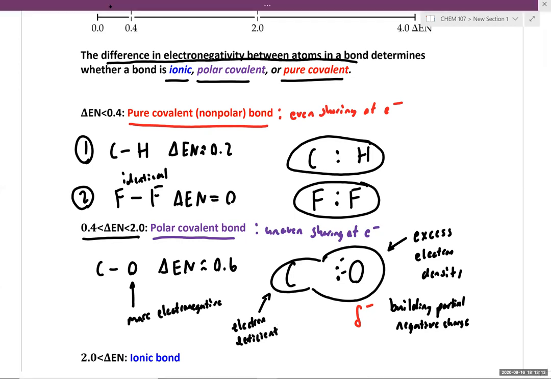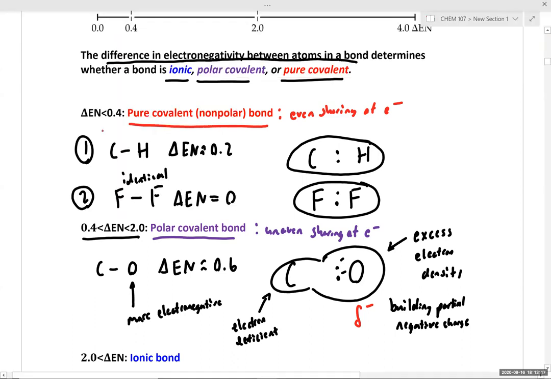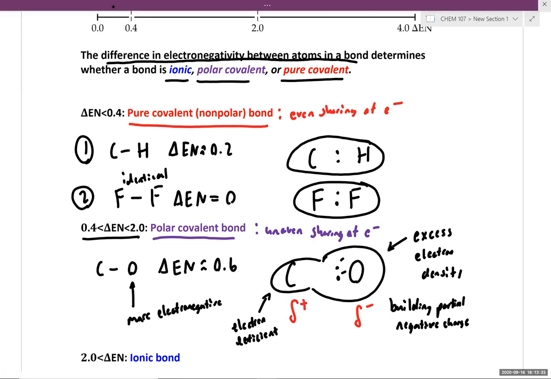And if we lose some of our electron density, what partial charge will we generate? Positive or negative? What happens if we lose some electrons? If we lose some electron density, we start to develop a partial positive charge.